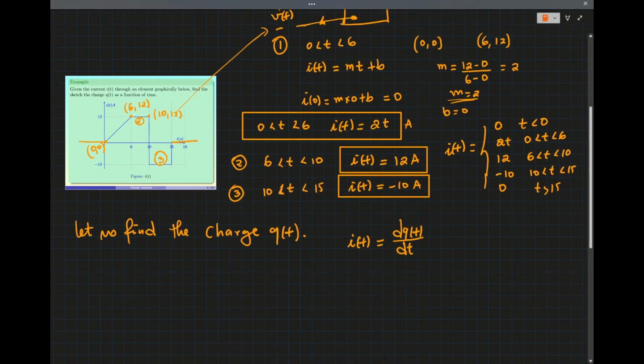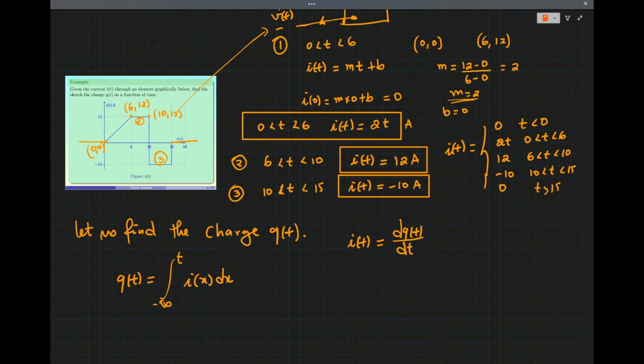So that gives me Q of t, which is the integral of the current, so the integral from negative infinity to t of I of x dx.